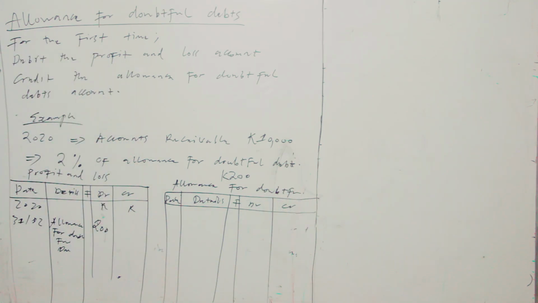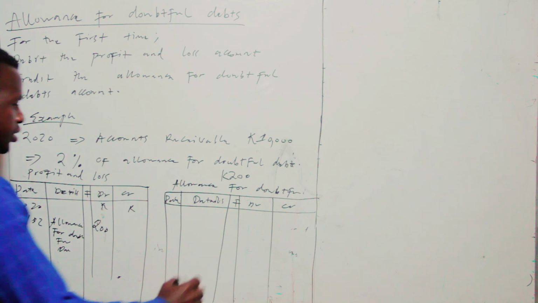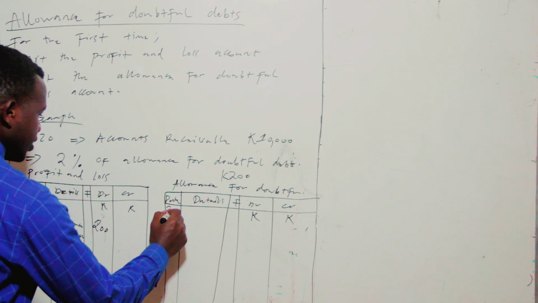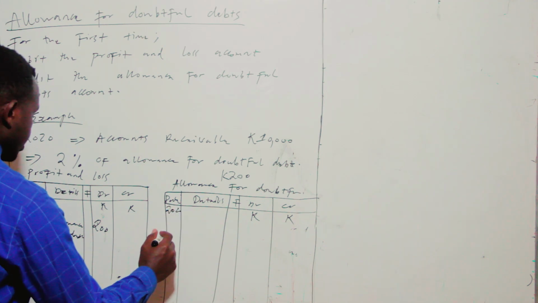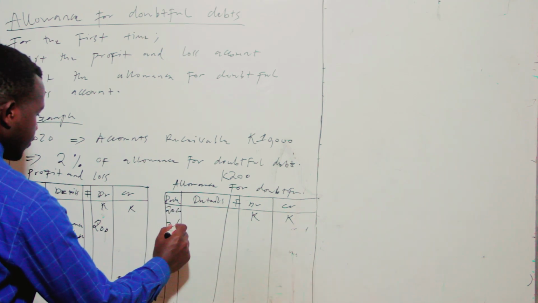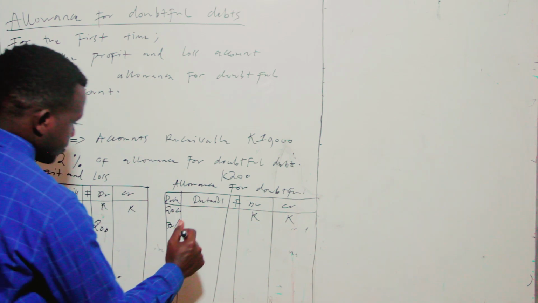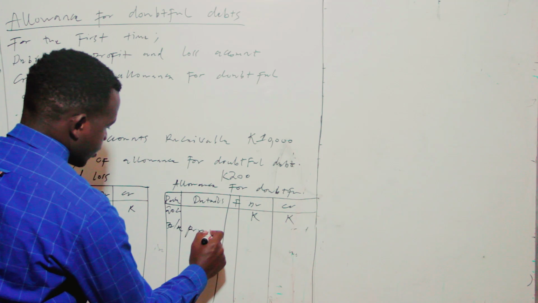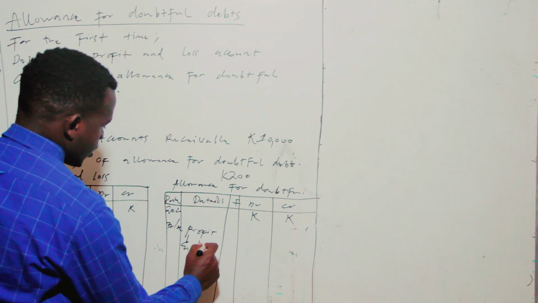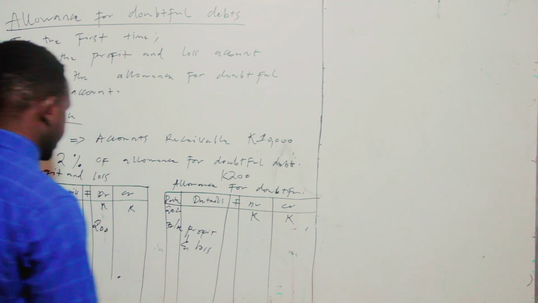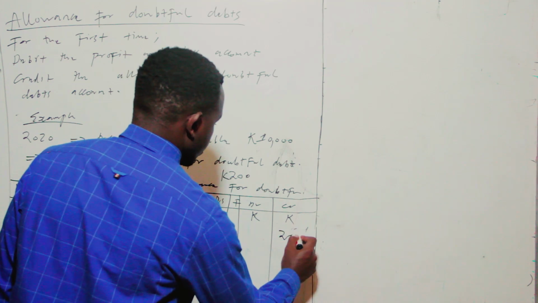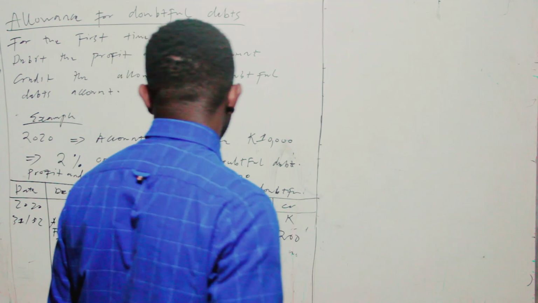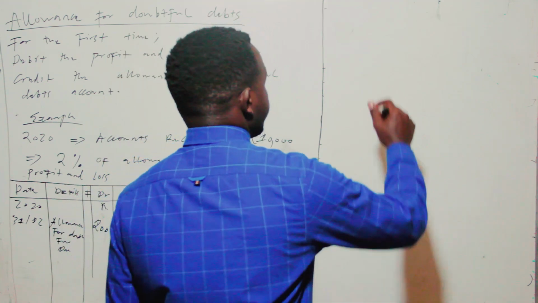There we are supposed to credit that account. We see our kwacha there. The year is 2020, that's 31st of December there. So we can say profit and loss, and we're going to credit that figure by 200. So let us show those figures in the income statement.